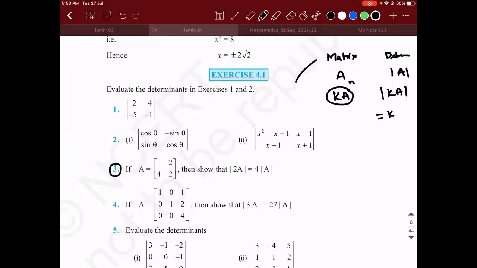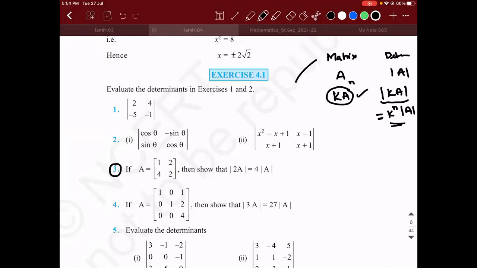Then the determinant of the matrix kA will be k power n into determinant of A, where n is the order of the matrix. If you take any example and see, you will get the same answer.